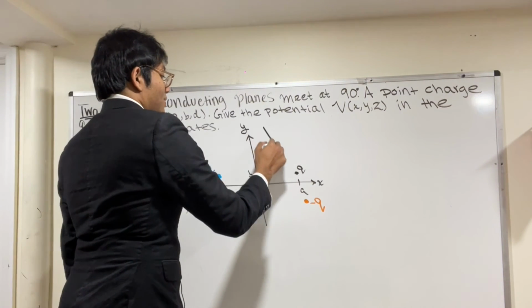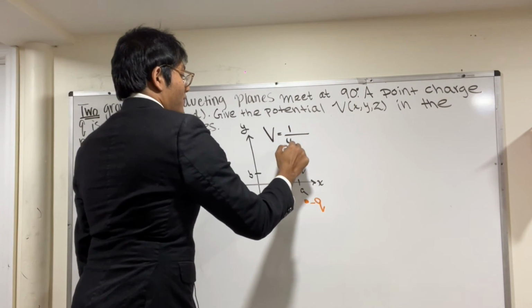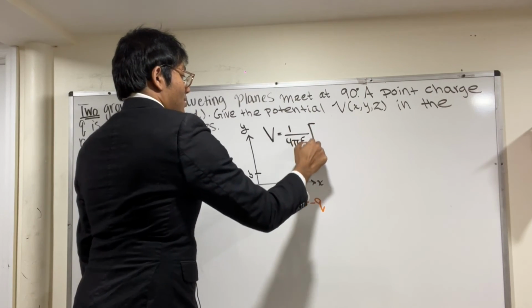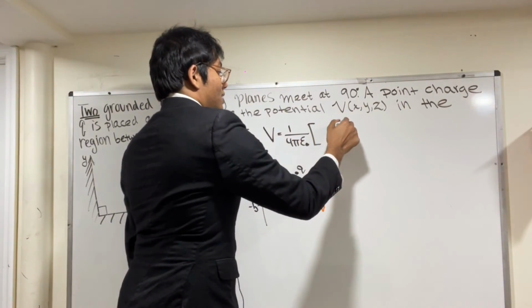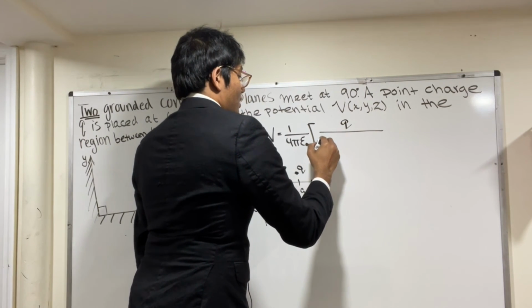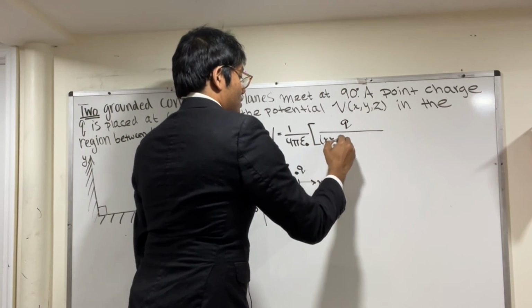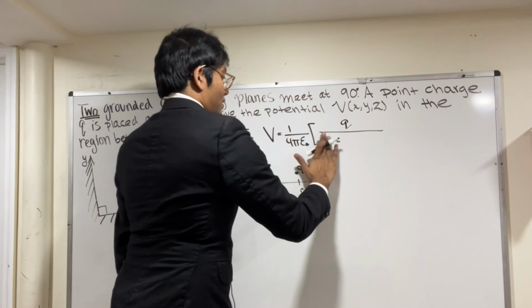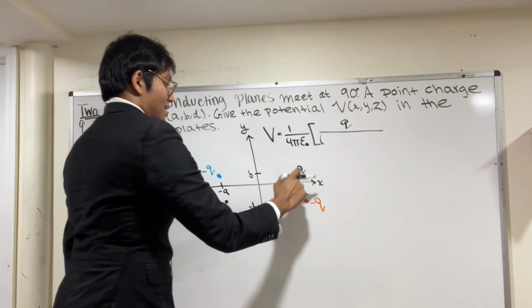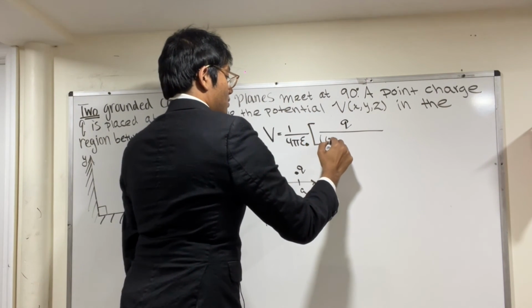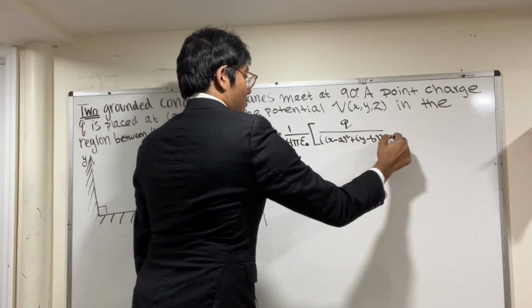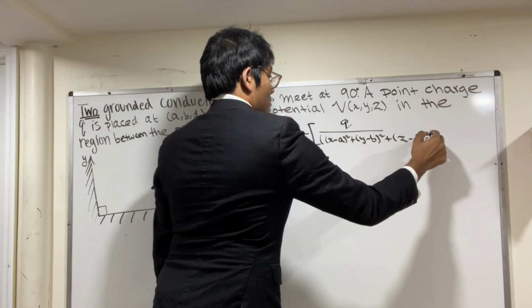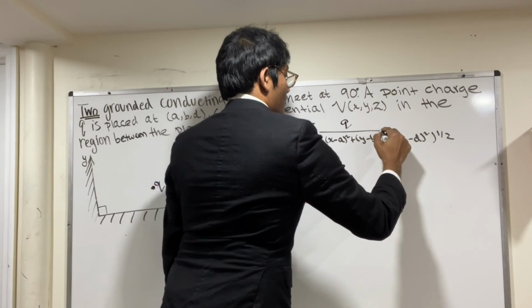And what is that? Well, V is equal to 1 over 4 pi epsilon naught. Let's do the positive charges first. For this first positive charge, we'll have Q over the square root of x minus a squared plus y minus b squared plus z minus d squared, all to the 1/2.